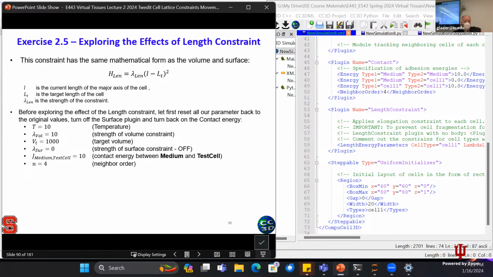As you play with that, you should be able to pull the cell to make it more ellipsoidal by adjusting the target length of the cell. Is it clear what the exercise is, or is that not clear? And maybe somebody wants to screen share their result when they have something interesting.